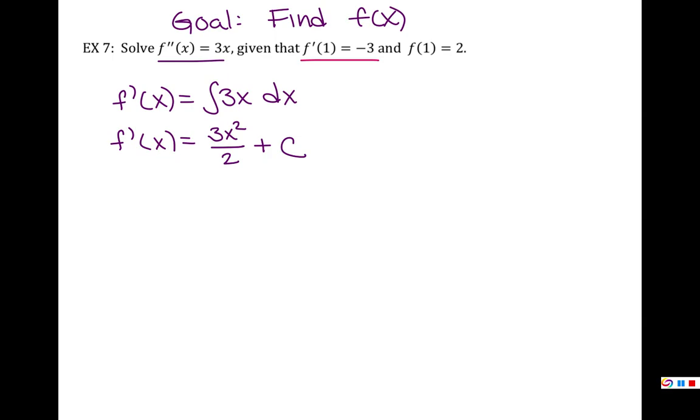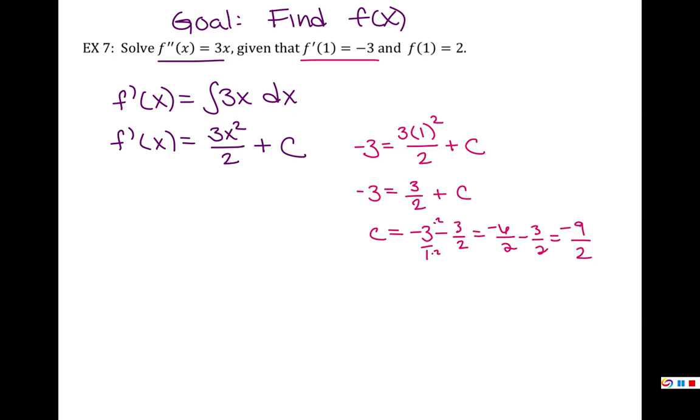So we can put 1 in for x and negative 3 in for the f prime. And then we can do some math, figure out what c is. I ended up getting c equals negative 9 halves. I just did minus 3 halves. Should be minus 4.5 or minus 9 halves. So f prime of x is 3x squared over 2 minus 9 halves.